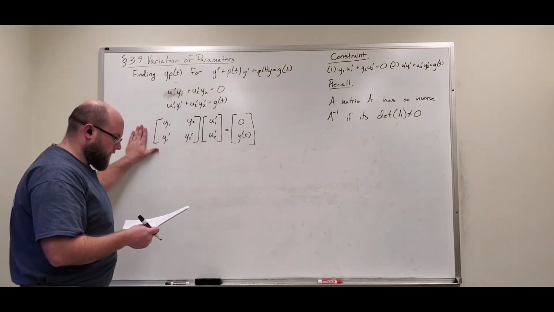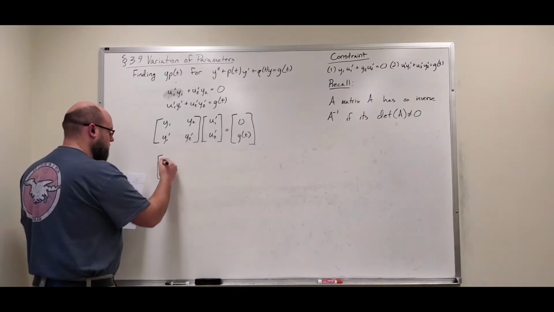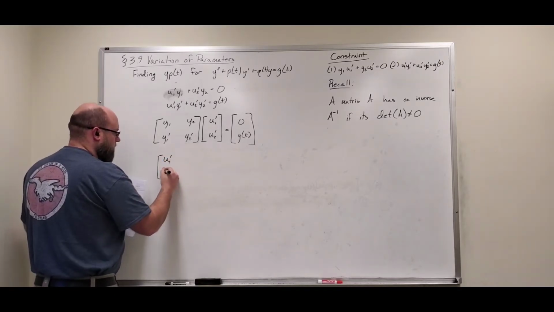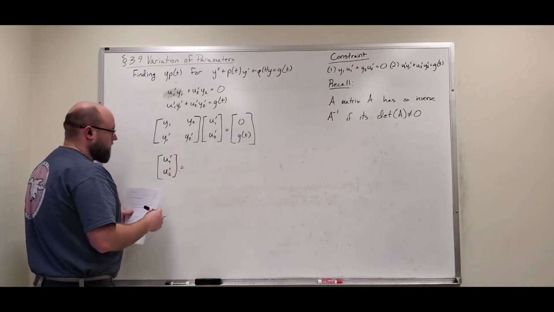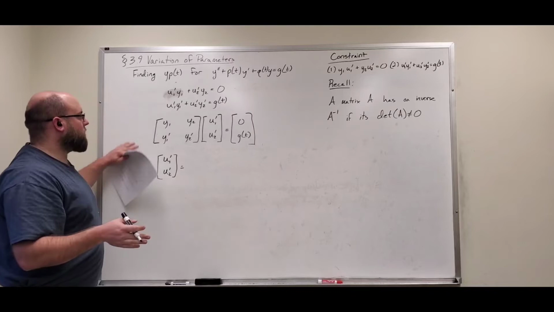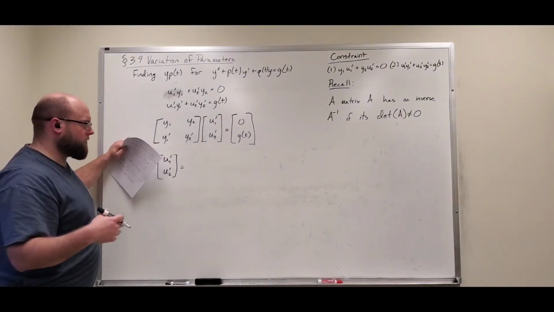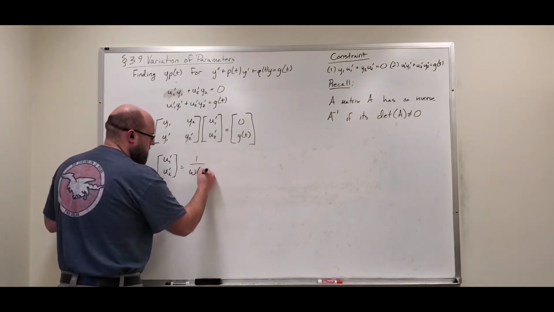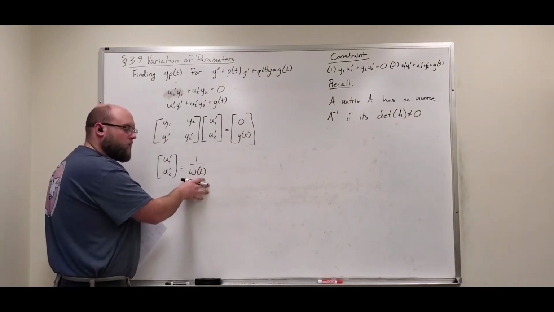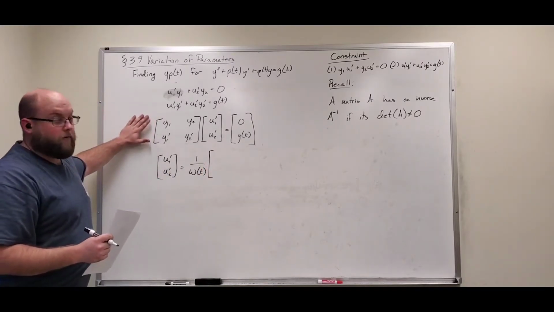And in fact, here's how we're going to write it. So, first of all, I'm going to rewrite this. u1 prime, u2 prime is equal to, all right, when you multiply by the inverse matrix, you also have to multiply by 1 over the determinant. So 1 over the Wronskian with respect to t, and again I'm just showing that here, times, and there is a thing that you have to do with the inverse.